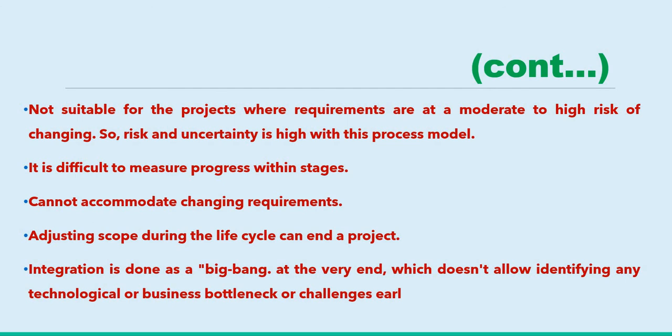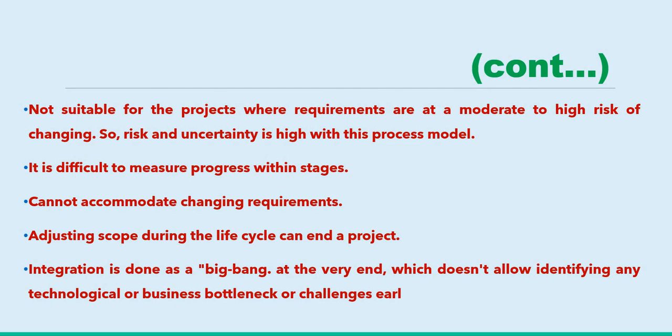Then adjusting scope during the life cycle can end a project. Once you want to make changes in the middle of the life cycle, that means it can end a project, right? Because the main objective of a waterfall model is that each phase, that means one phase has to follow the previous phase, right?